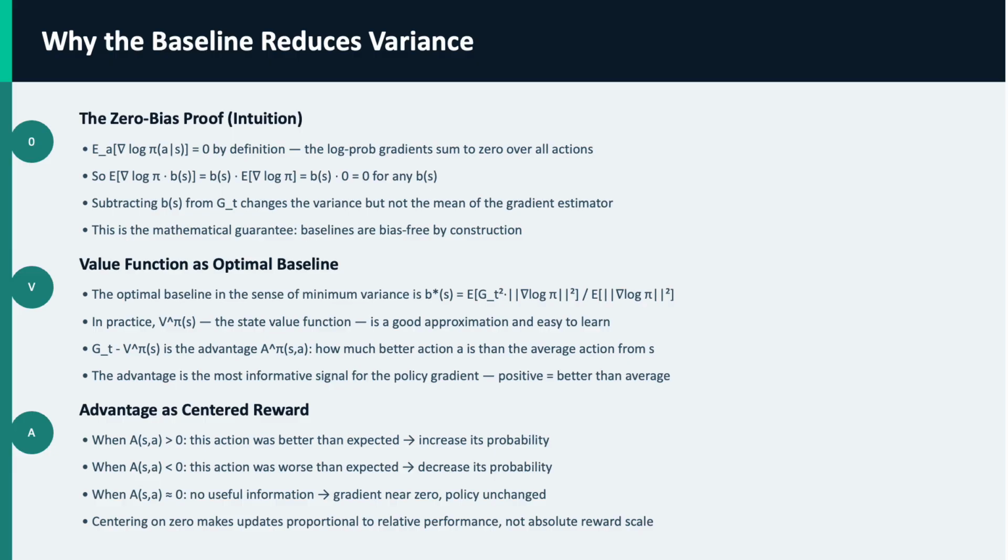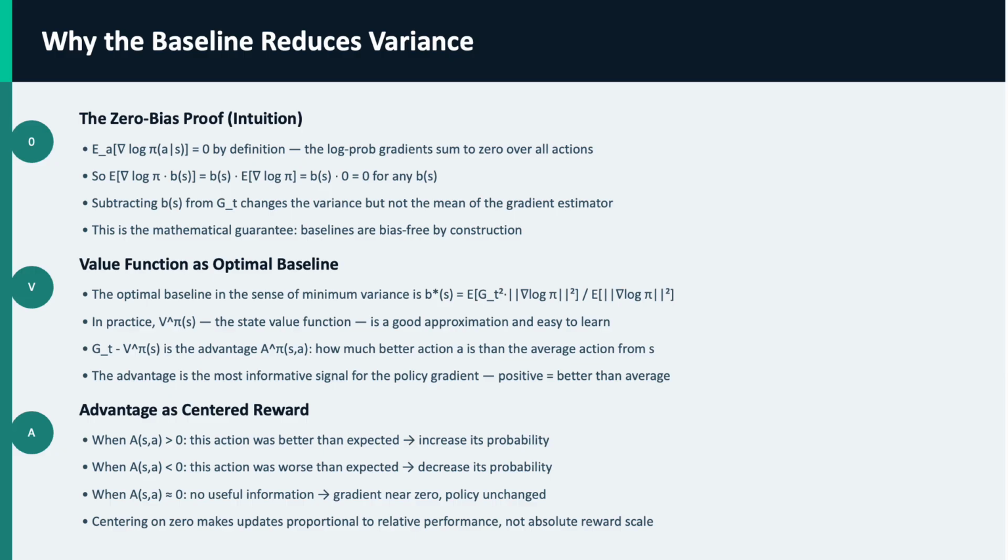Let's make the zero-bias proof concrete. For any state S, the expectation over actions of the score function is zero. This is a fundamental identity that holds for any valid probability distribution. The expected value of the gradient of log pi theta of a given S, over actions sampled from pi, is identically zero.